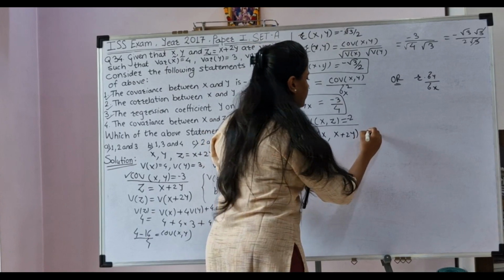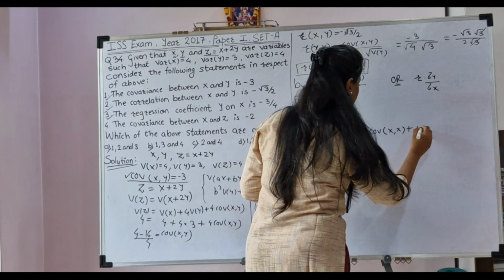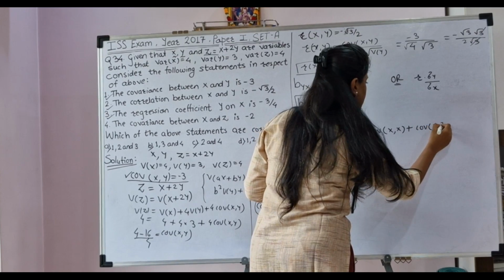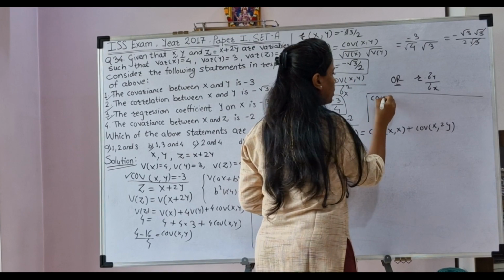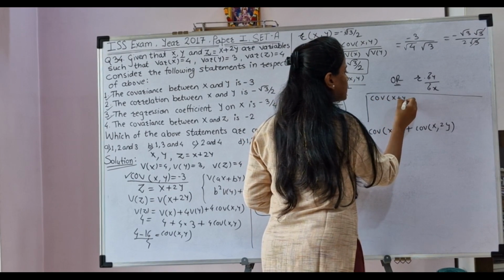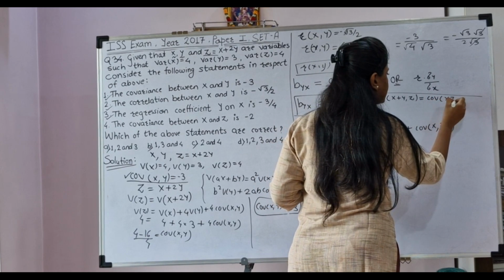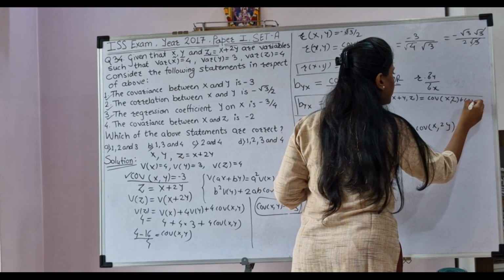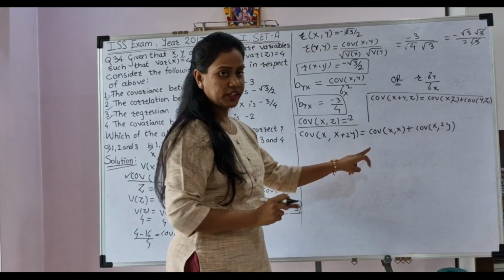Let's expand it. We will get covariance of xx plus covariance of x, 2y. How have we written this? We know the formula: covariance of x, y plus z is nothing but covariance of xy plus covariance of xz. So using this we have written this.